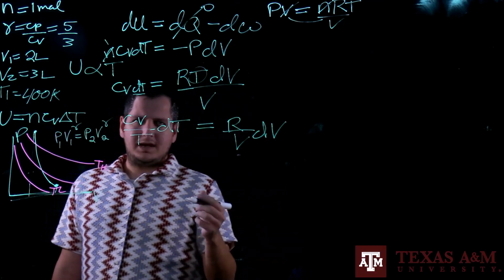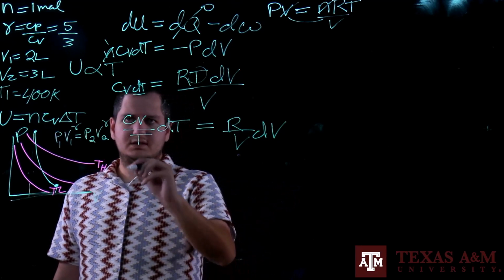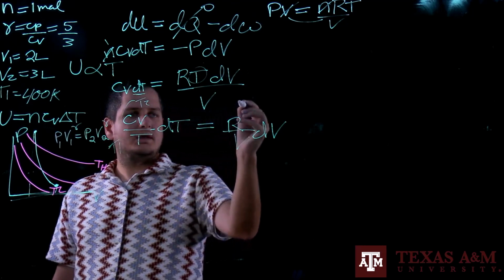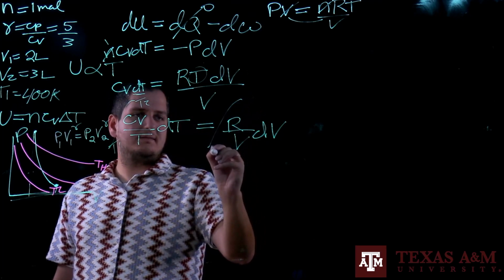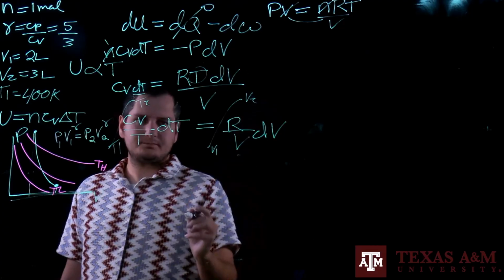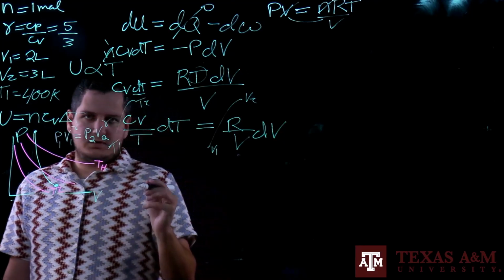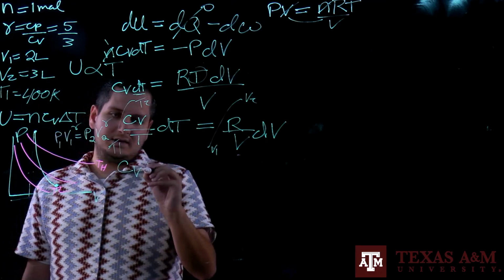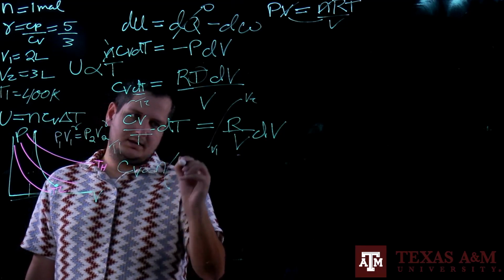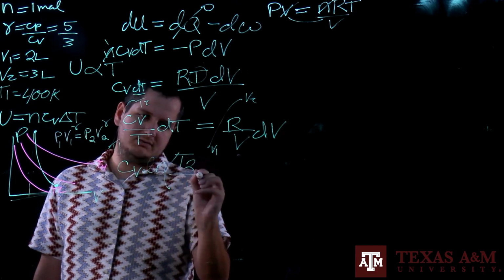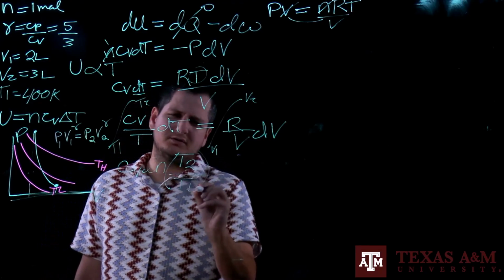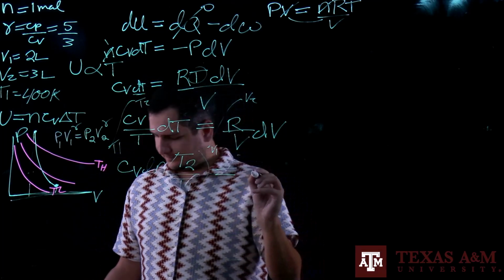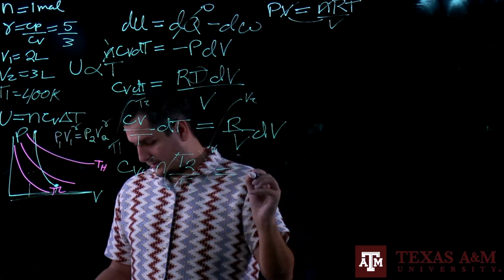I know these integrals. You know these integrals. This will be from T1 to T2, and this will be from V1 to V2. And then what we will see is that we have CV ln of T2 over T1 is equal to, let's see where we were.